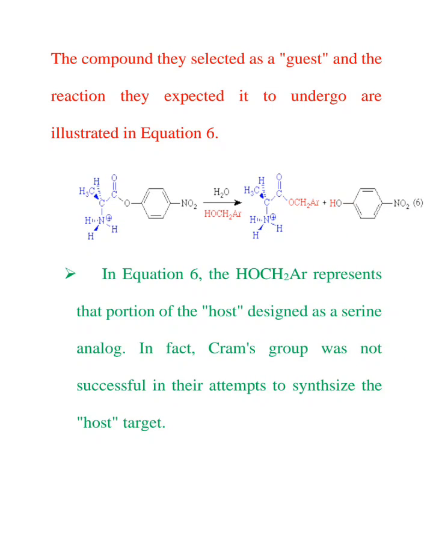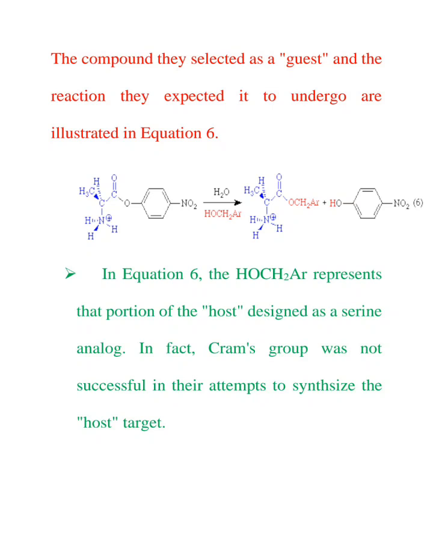The compound they selected as a guest and the reaction they expected it to undergo are illustrated in equation 6. In equation 6, the HOCH2Ar represents that portion of the host designed as a serine analog.